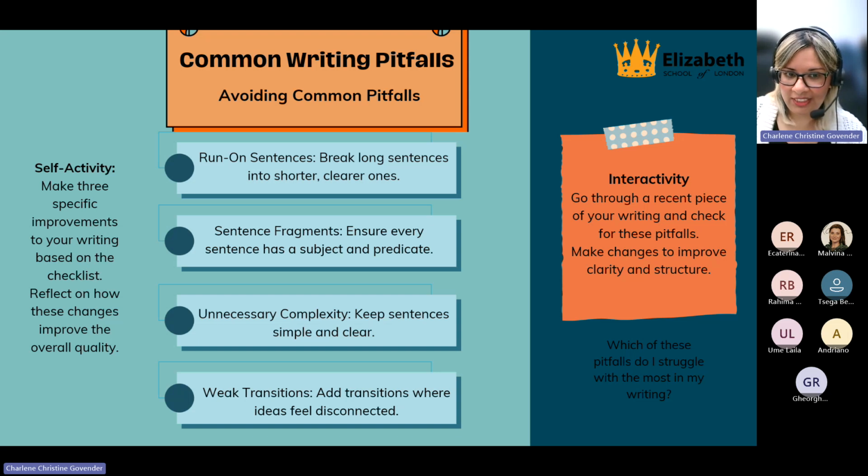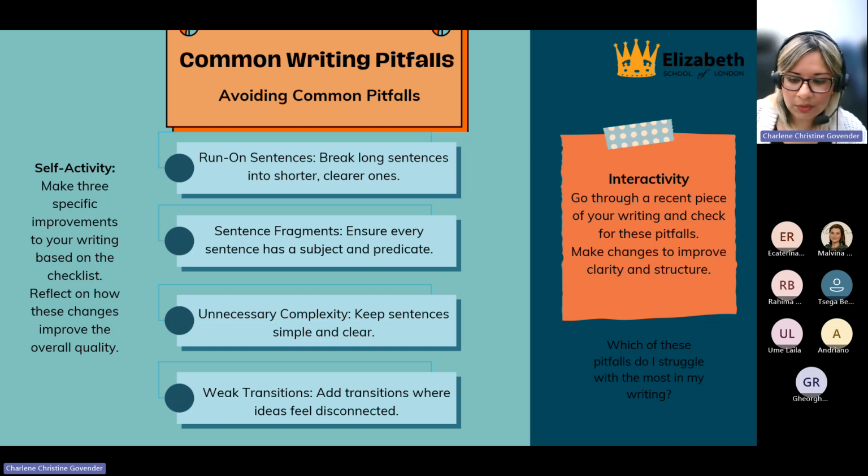Unnecessary complexity. Keep your sentences simple and clear. Weak transitions. Add your transitions where ideas feel disconnected. You may get to the end of your essay, read back, and find it doesn't flow as much as you thought it would. That's a good time to pull in your transition words.